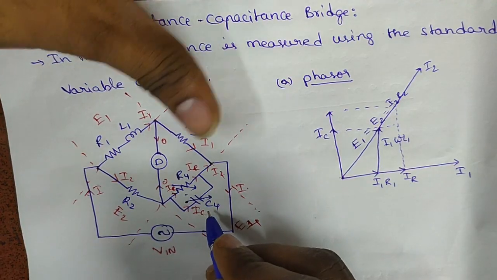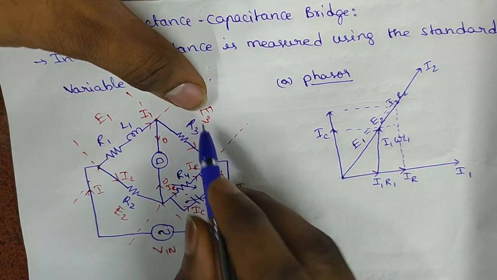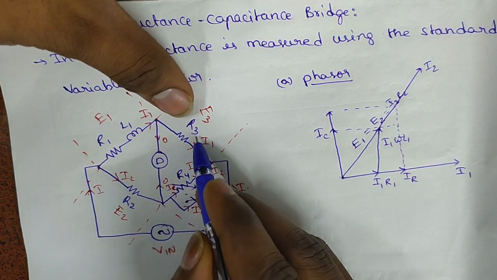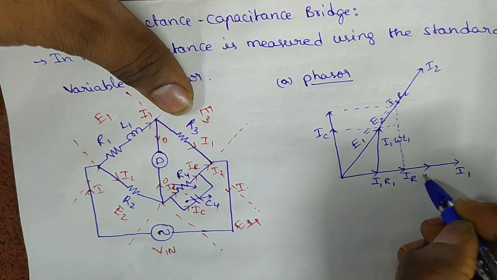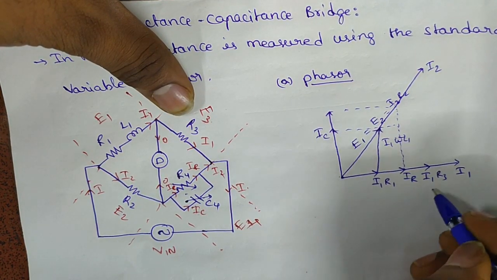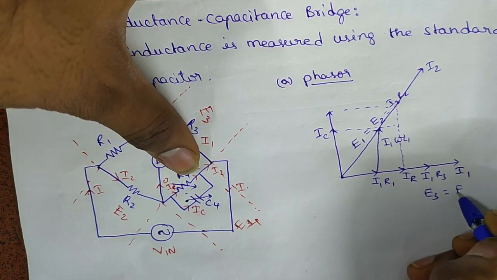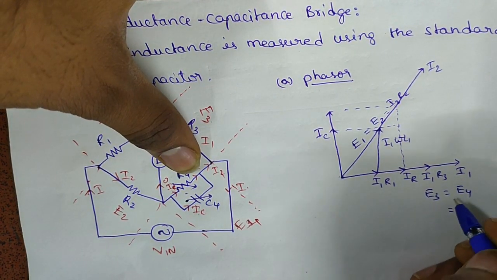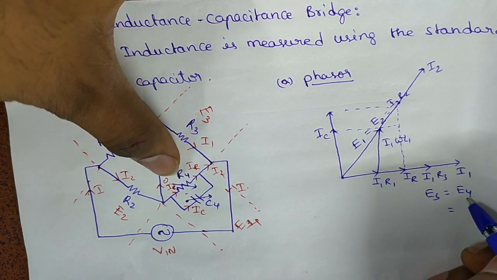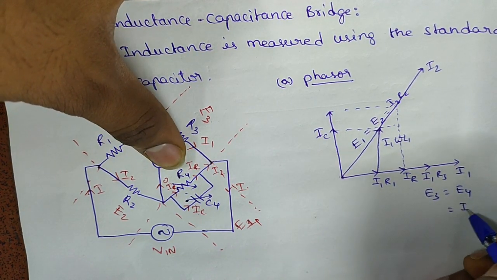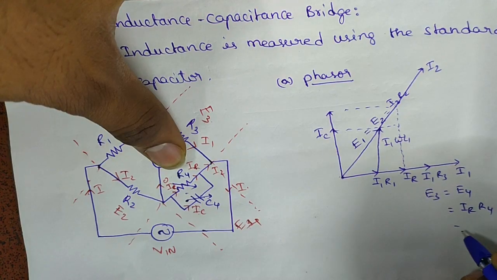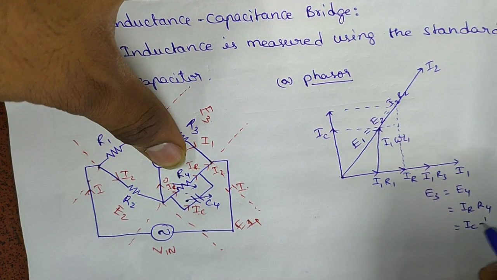Now we need to find E3. E3 is the drop of I1 R3. This is the E3 drop. This drop is equal to the E4 drop. The magnitude of this is equal to this. This drop is equal to IR R4 and IC 1 by j omega C4.